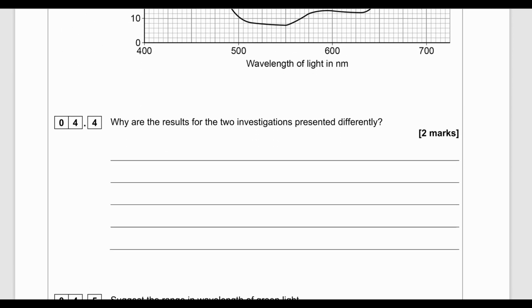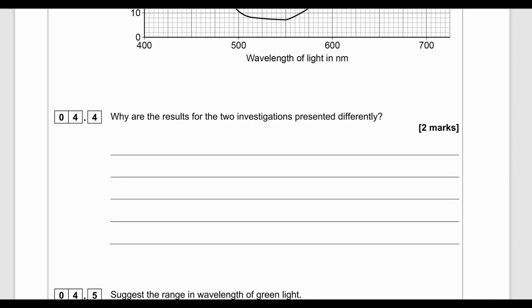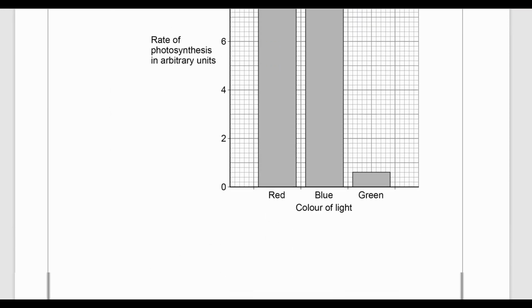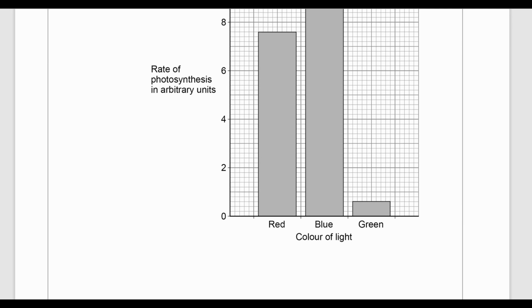4.4. Why are the results for the two investigations presented differently? 2 marks. So yes, why is one graph a bar chart and one graph a line graph? Well, again, we've got to look at what is being investigated, what's being measured, and that will give us an indication of why the graphs are different.